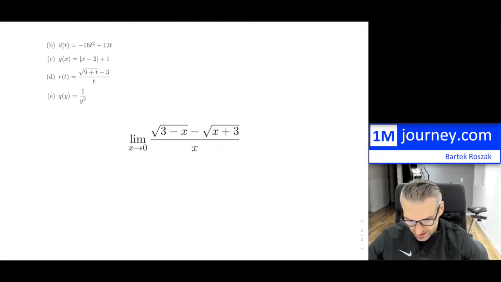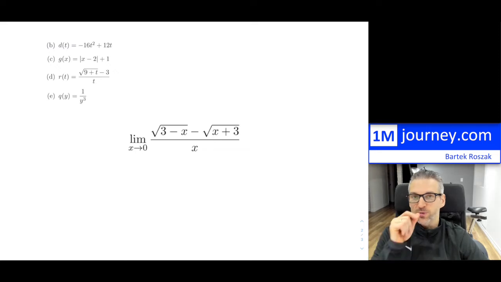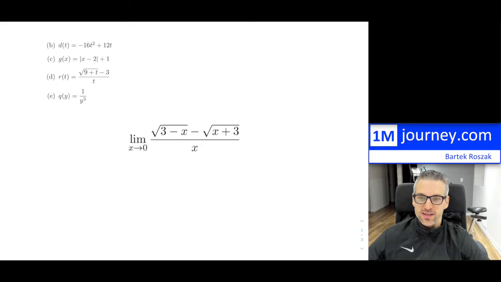In the numerator, if we do the same thing, we're going to get the square root of 3 minus the square root of x plus 3, and as x approaches 0, that's also the square root of 3. So we get the square root of 3 minus the square root of 3, which is approaching 0 again.